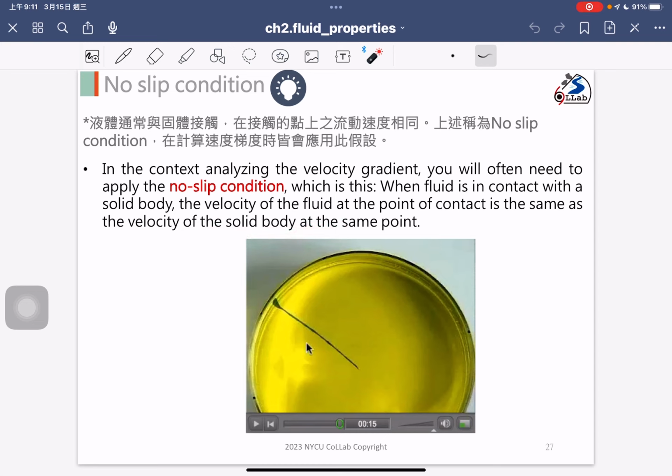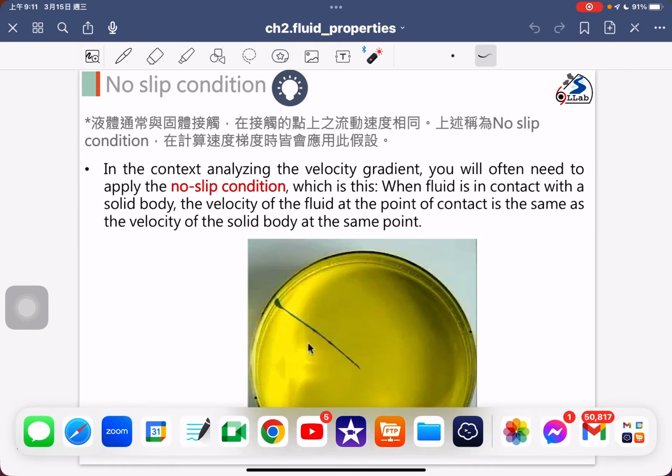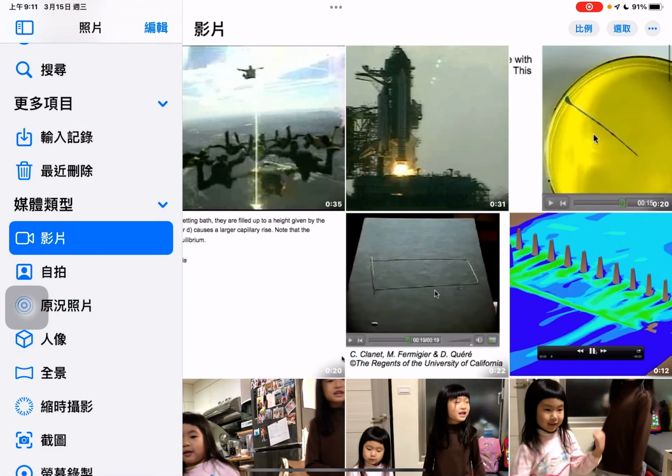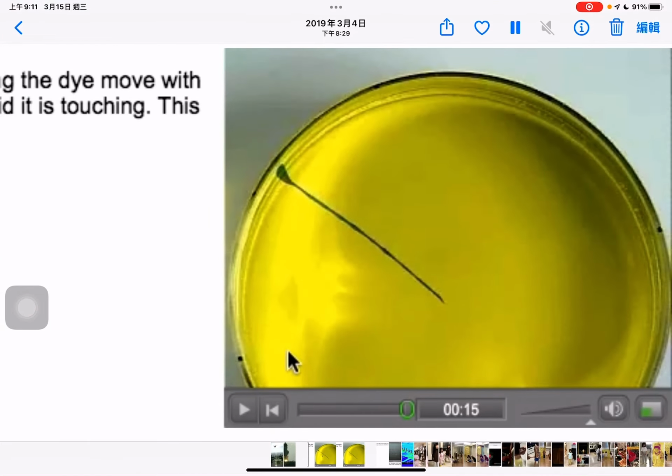You may not really understand what this means, so I can show one of the movies and you can figure out what I mean by the no-slip condition.